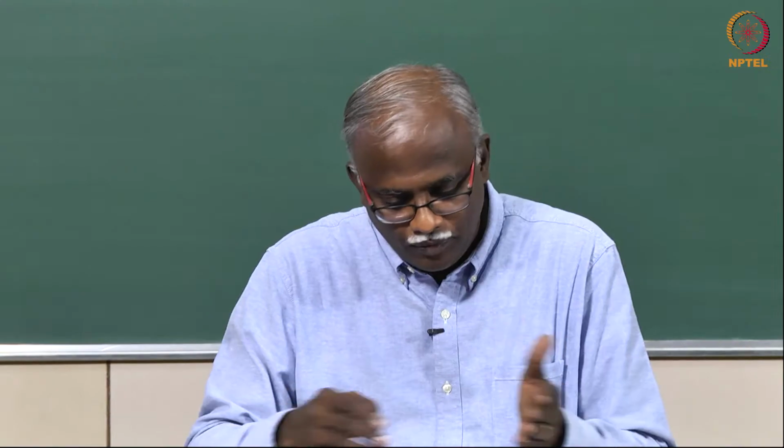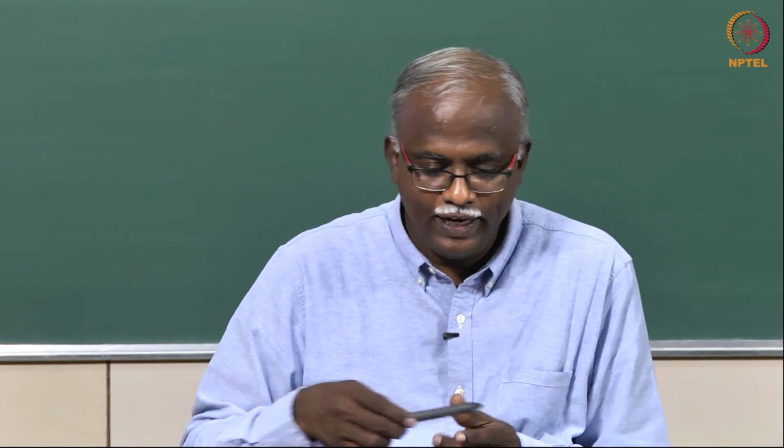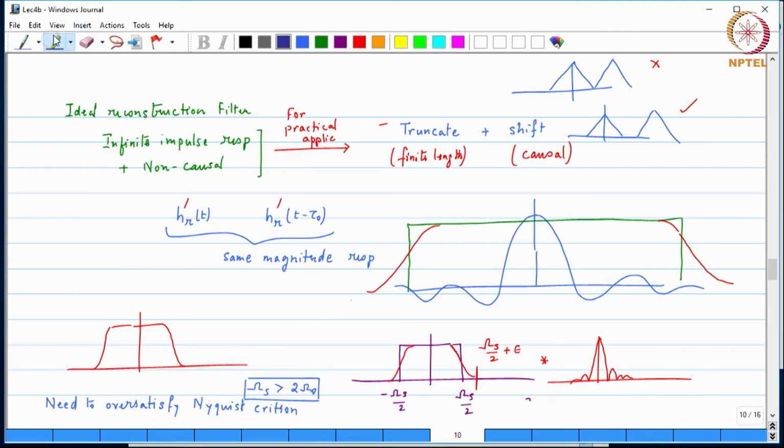Whatever is the best that you can do, you will find that most of the time the best that we can do in terms of analog filters will be of this form. The brick wall is not realizable, and this is how we go from there to something that is realizable.